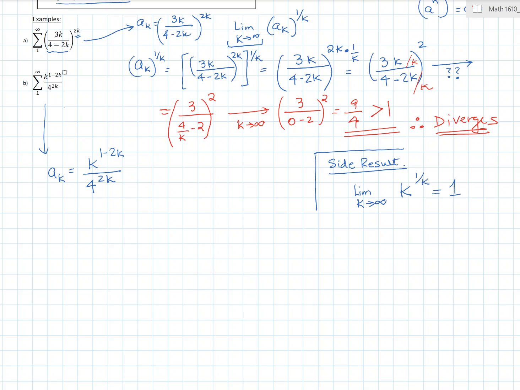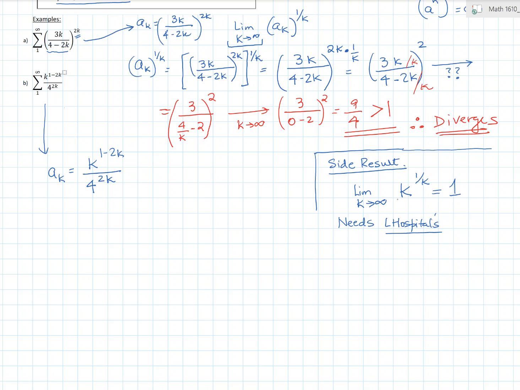How we can see this is through L'Hopital's rule. When we did L'Hopital's rule, we didn't do many kinds of situations where it can be used, but this can be shown using L'Hopital's rule. The idea is this.